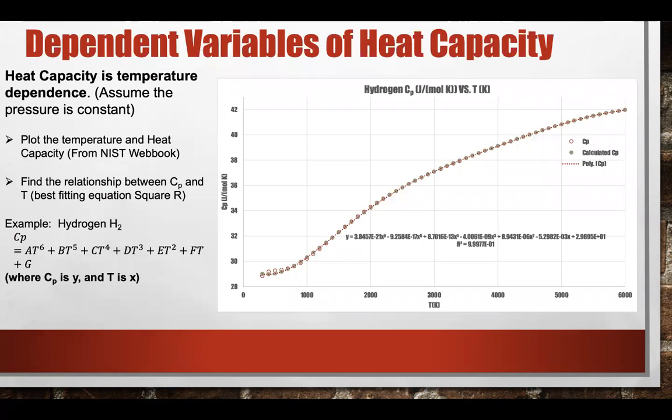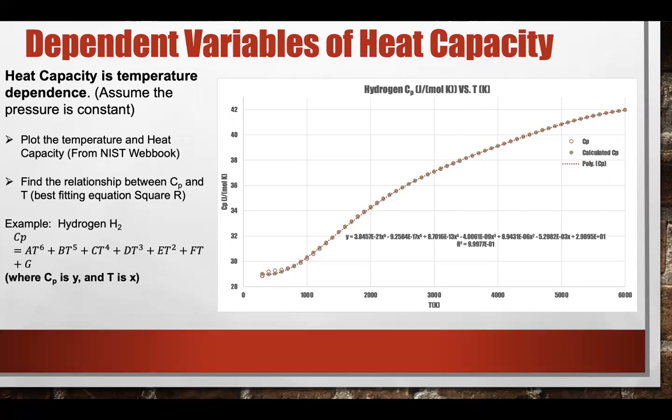So we know that at constant pressure, heat capacity is temperature dependent. By knowing the various temperatures and heat capacities, we can find the relationship between these two by plotting. On the right side of the slides is the heat capacity versus temperature graph of hydrogen.